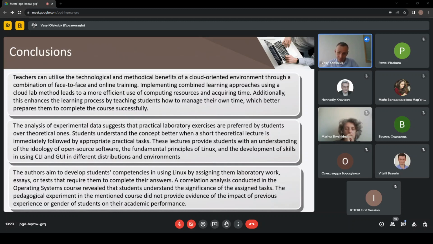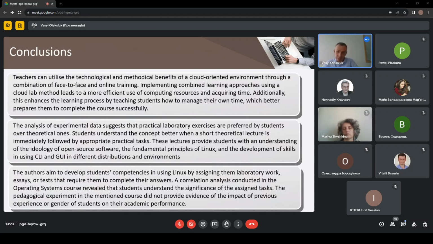These lectures provide a student with an understanding of the ideology of open source software, the fundamental principles of Linux, and development of skills in using CLI and GUI. The operating system course showed that students understand the significance of assignment tasks. The pedagogical experiment in the course did not provide evidence of negative impact.